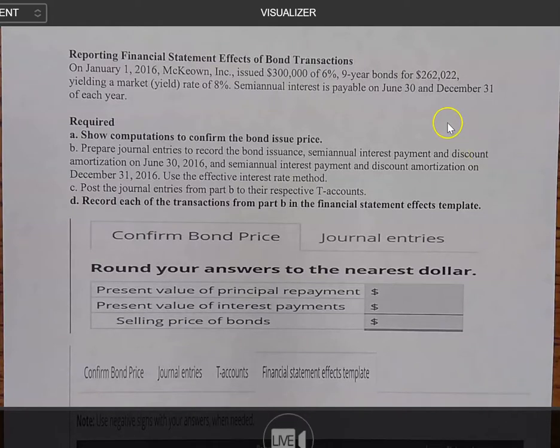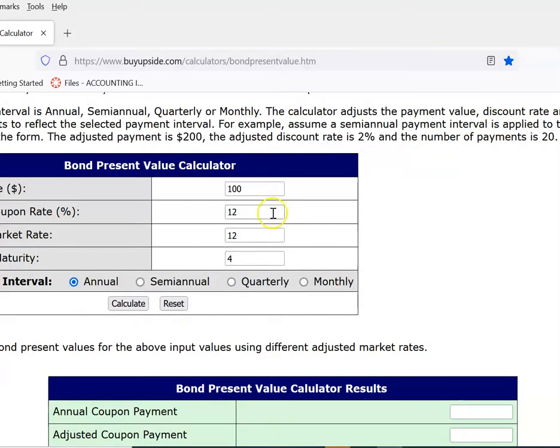They've already given us the cash proceeds, or the initial carrying value. We would also call this the present value of the $300,000 of bonds issued at a discount with these facts.